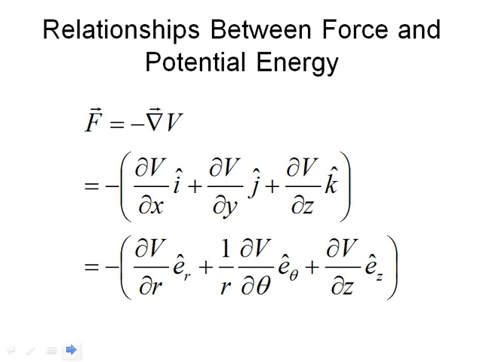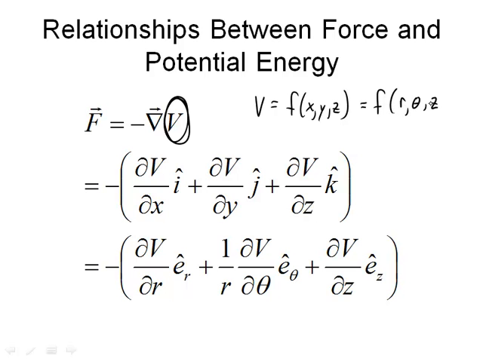If I'm interested in what is the force, one way I can generate the force, if I know the potential energy function, again, V might be a function of x, y, and z, or in polar form, it could be a function of r, theta, and z, cylindrical coordinates. Then if I operate the del operator right on the scalar quantity, so notice I'm using a vector operator on a scalar quantity, that's going to give me a vector value.